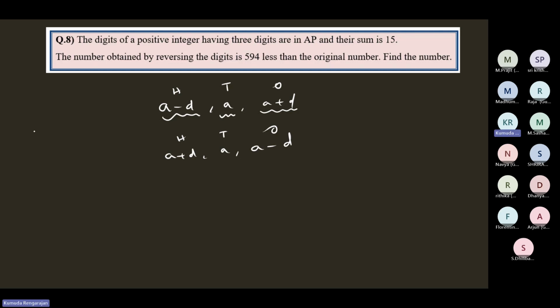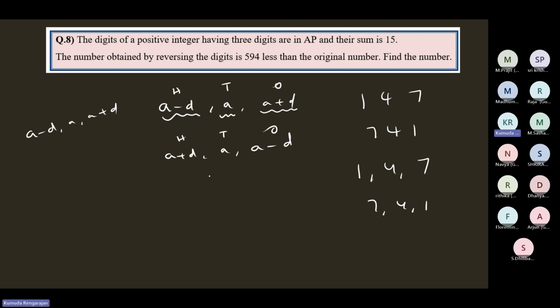So we say let the numbers be A minus D, A and A plus D. But since here it's about the digits, you'll have to assume both, because the number 147 is different from 741, right? Supposing you're finding 3 different numbers, then getting the numbers as 147 or 741, both are fine.